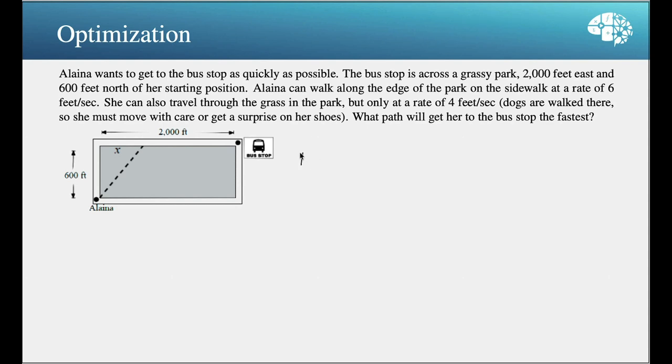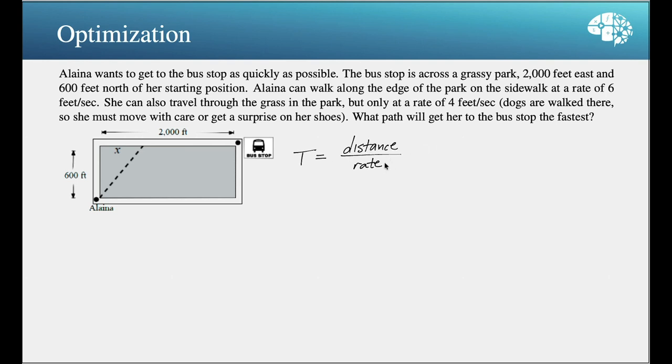And to do this, the time that it will take to travel is the distance that needs to be traveled divided by the rate. This is just rearranging that rate is equal to distance over time.